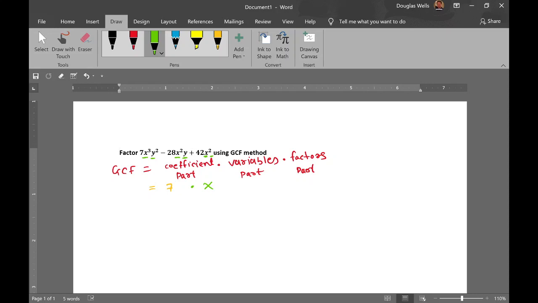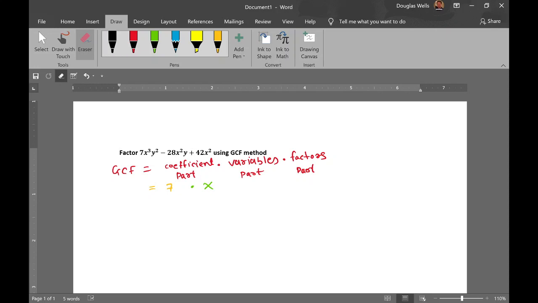Now the question is, what is the exponent for x? So the variable part of the GCF always contains the smallest power of a variable that appears in all terms of the polynomial. What I meant behind that is you look at all the terms.